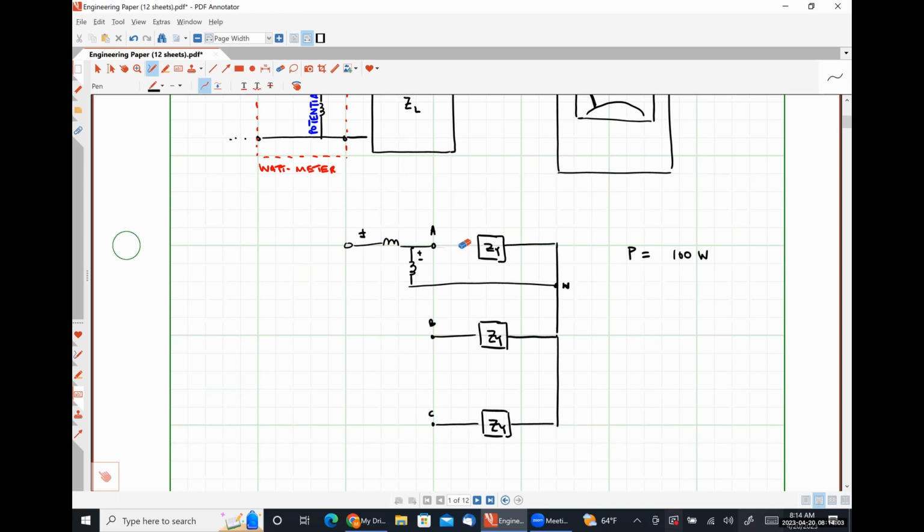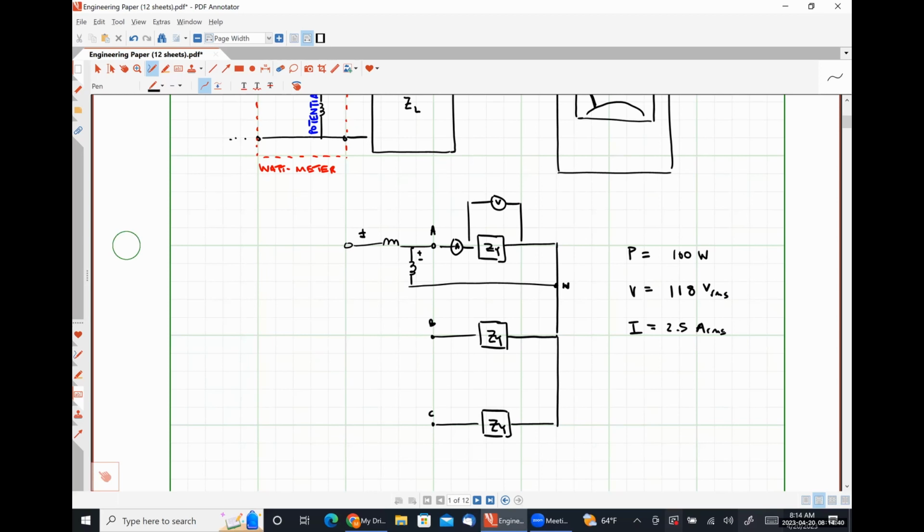So if we put a current meter in series and a voltmeter in parallel, let's say that the measurement of our voltmeter was 118 volts RMS, and the measurement from our ammeter or our current meter was 2.5 amps RMS.